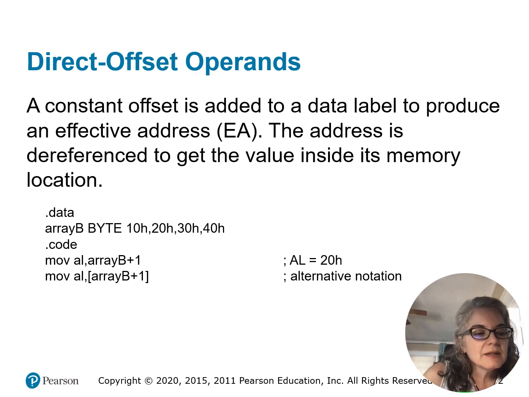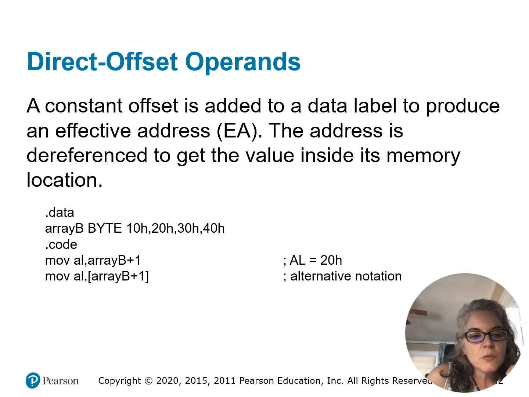In this instruction, we know from last time that arrayB by itself just holds that 10 hexadecimal. When you define this, all that you see in memory for arrayB is a 10.